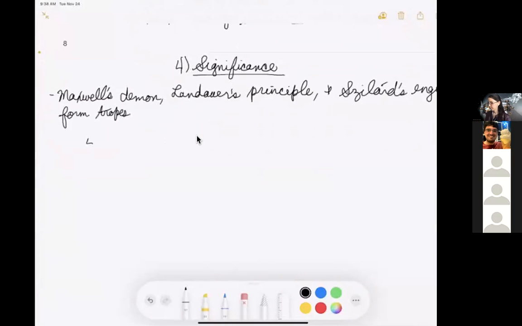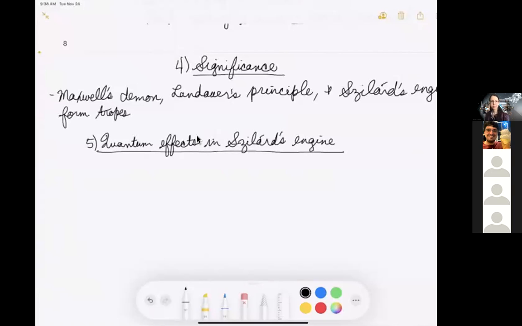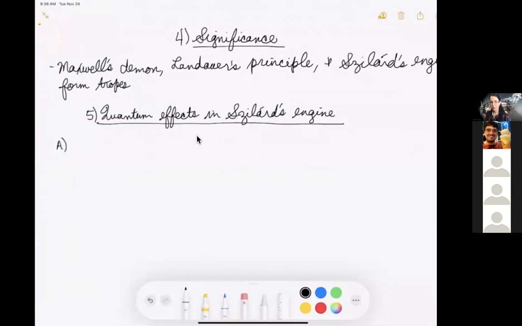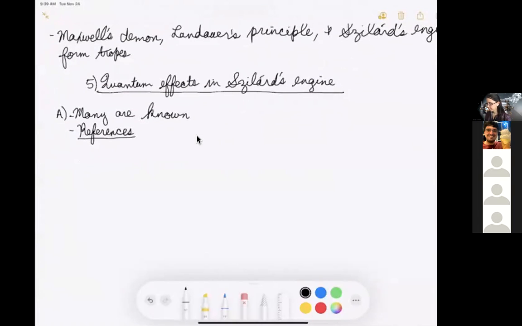How about quantum effects in Szilard's engine? Until now, we've been talking about just classical gases and boxes. First of all, many effects are known. I'll present just a select few, but if you're interested in learning more about the topic of a quantum Maxwell demon or a Szilard engine, I can point to a review in a book.